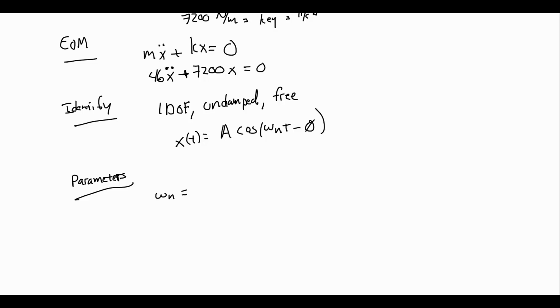Again, for any 1 degree of freedom system, we are going to be interested in finding the natural frequency. So it's the square root of k over m, where k and m are the equivalent spring constant and equivalent mass. So I will use the 7,200 over 46. And if I do that calculation, I'm going to get a natural frequency of 12.51 radians per second.